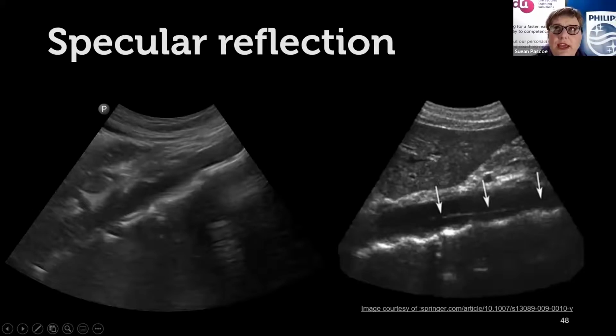So at the beginning of that longitudinal scan, you have to start quite high and visualize that proximal portion to identify where your celiac trunk and your superior mesenteric artery are coming. But after you've examined that and excluded an aneurysm quite high up and proximal to the diaphragm, then you need to rock the probe so that your aorta is going across the screen as horizontally as you can.